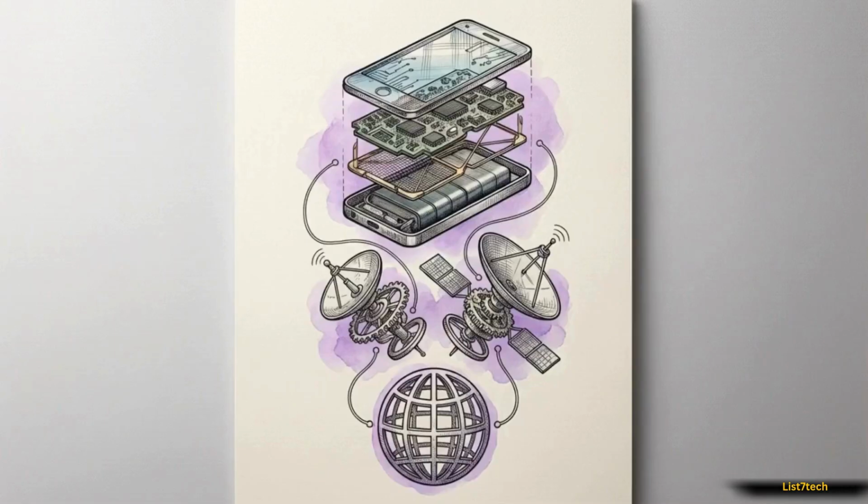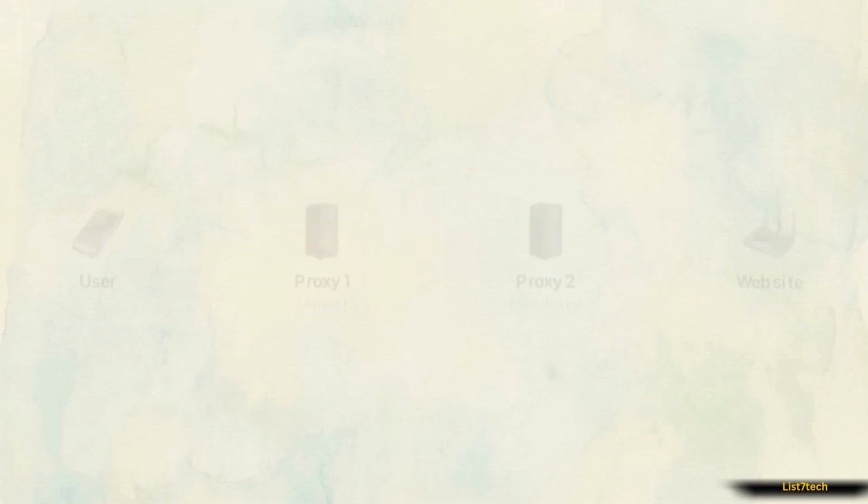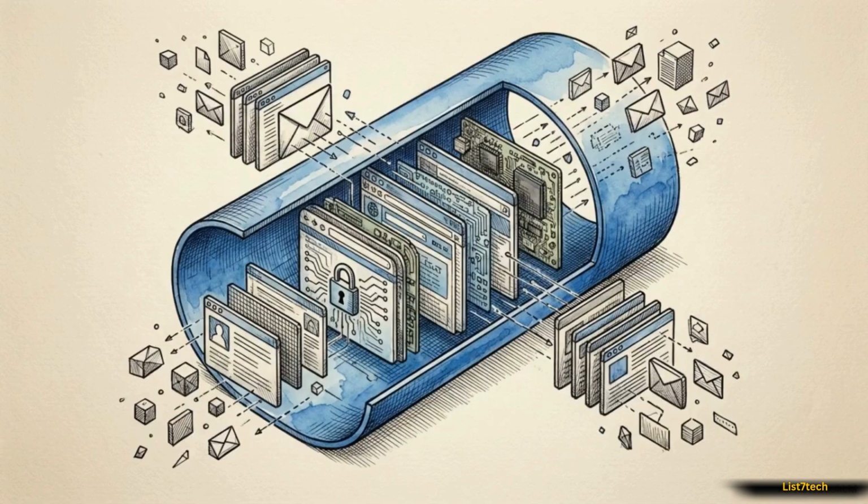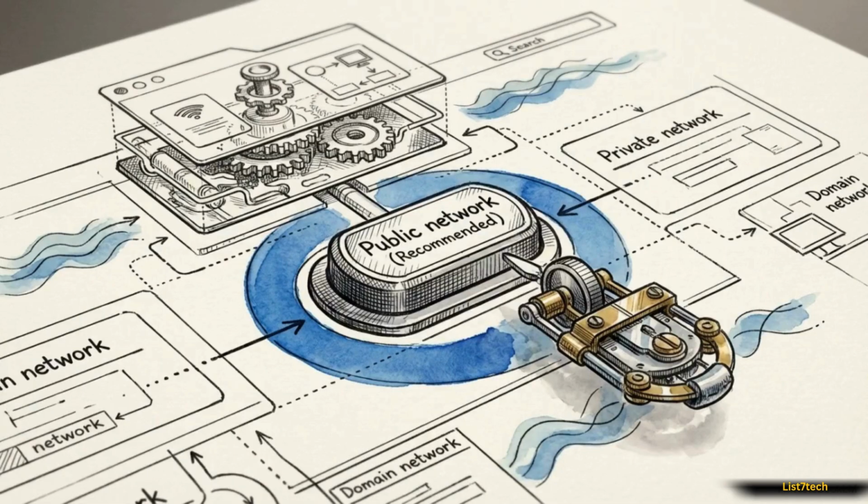Apple's iCloud Private Relay offers a specialized dual-hop middle ground. It shields DNS requests and Safari browsing by routing traffic through two separate proxies, separating user identity from destination data. However, it fails to encapsulate third-party application traffic, leaving other data exposed. Device configuration is just as critical.